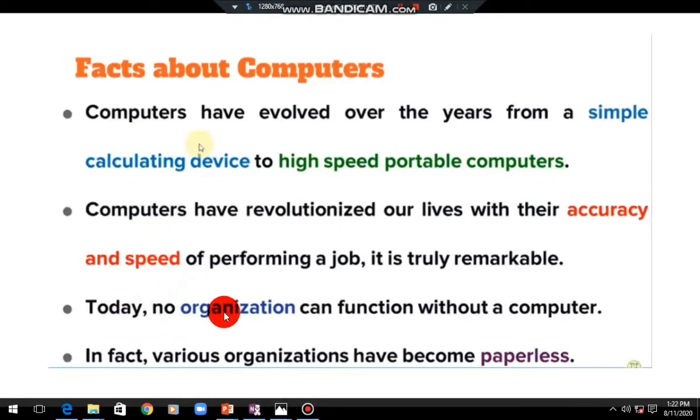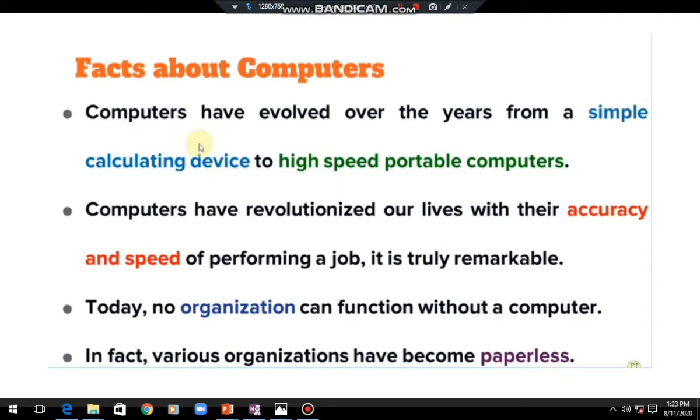Today no organization can function without computers. All organizations have computers to work. In fact, various organizations have become paperless. In early days a lot of paper was used to store details and information. After the invention of computers, paperwork can be reduced.